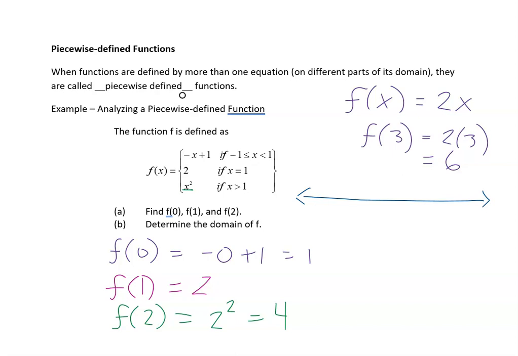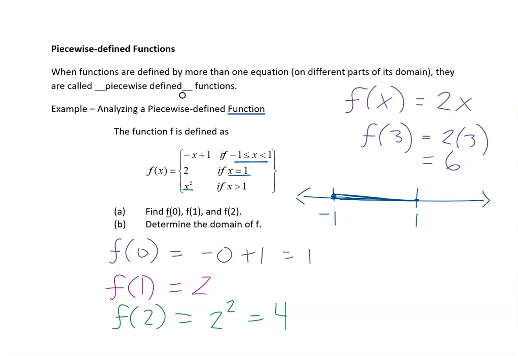So if we look at this first piece up here, it includes everything from -1 until 1, but notice that it does not include 1. So it includes -1 because it's equal to, and it includes everything between there, but it doesn't actually include the 1. However, the middle piece includes 1, so we can include it now, even though we couldn't with this top piece.